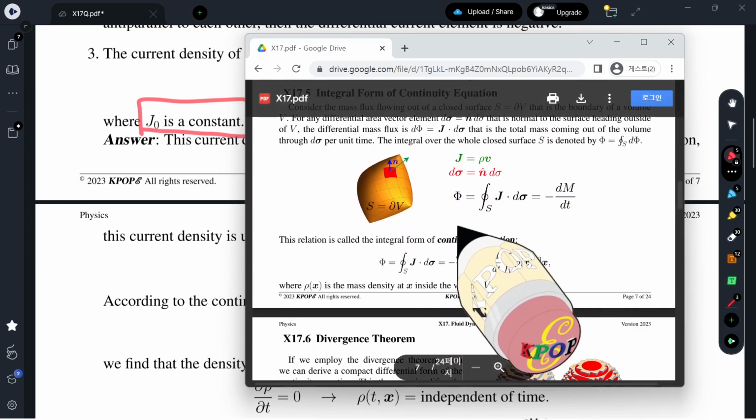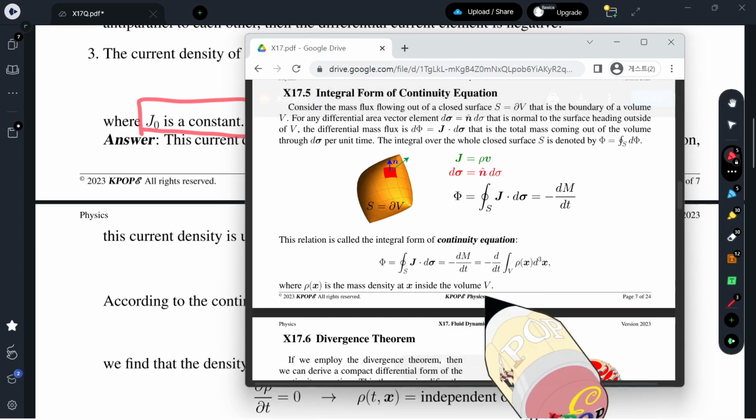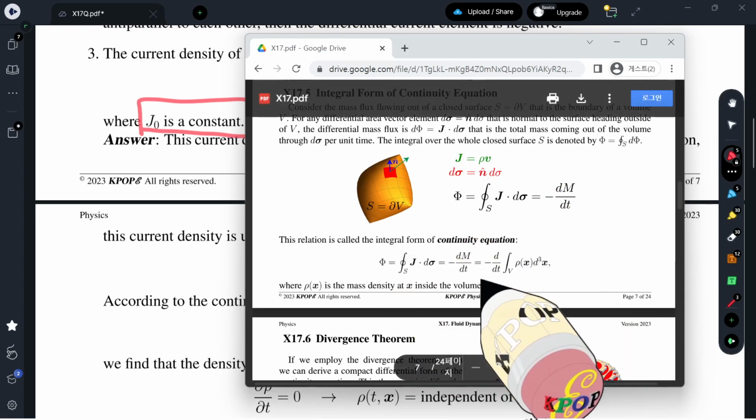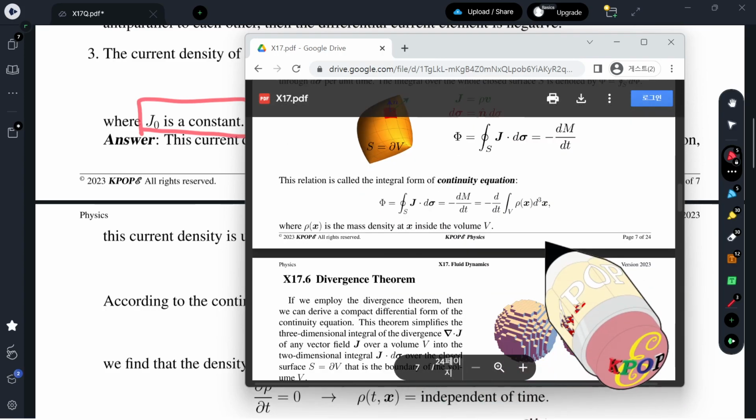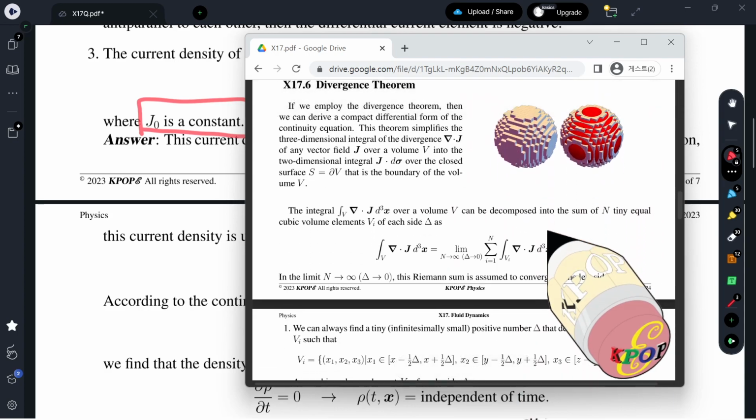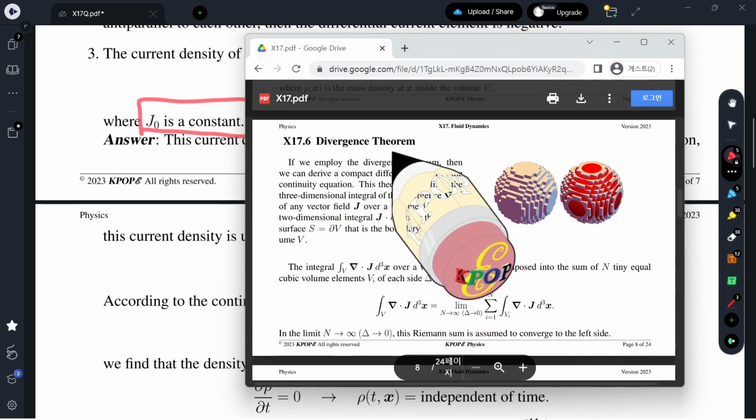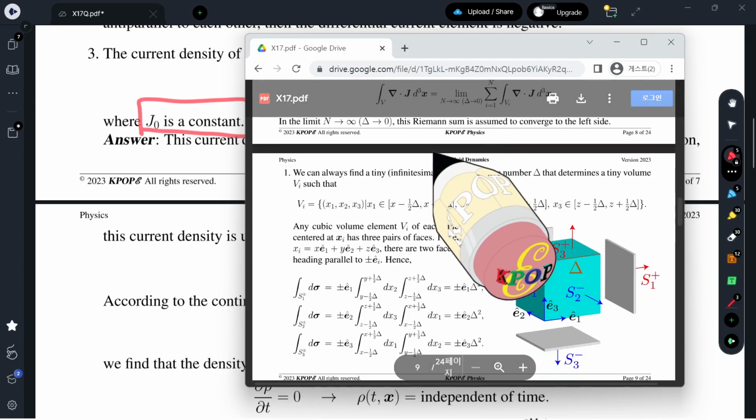Then we shall find it is useful to study the continuity equation, and this continuity equation will be considered after proving the divergence theorem.